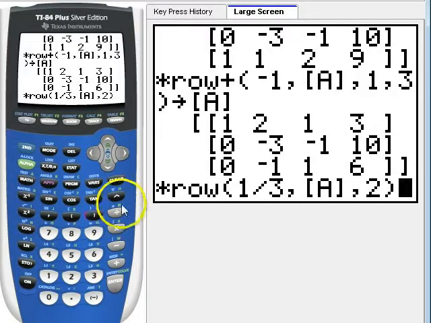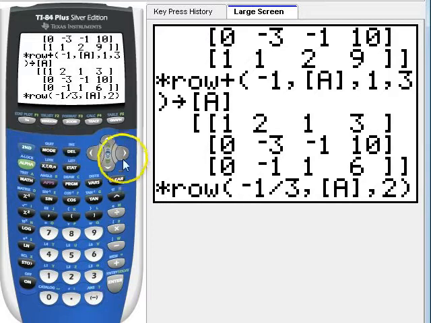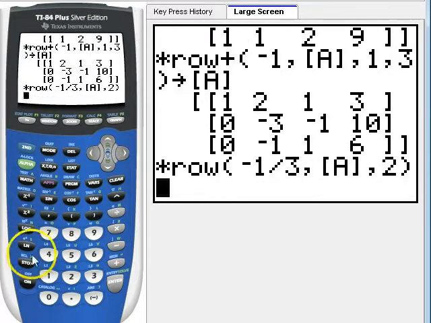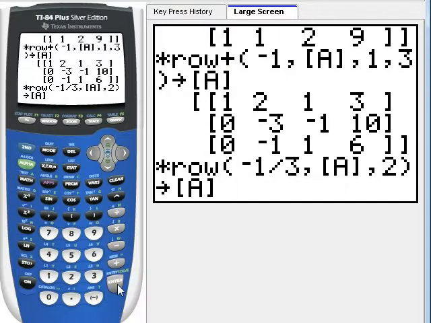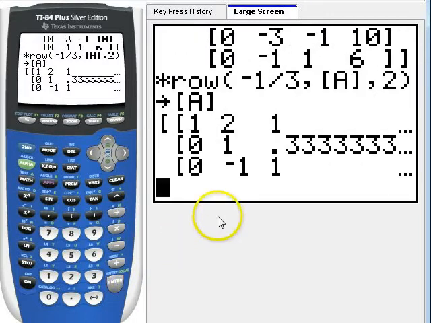I see that's got to be -1/3. I'll just insert this negative sign. And we'll store the answer in matrix A. And now we got fractions.